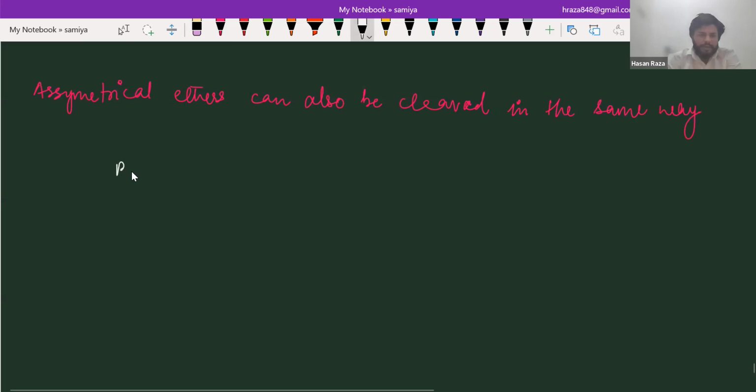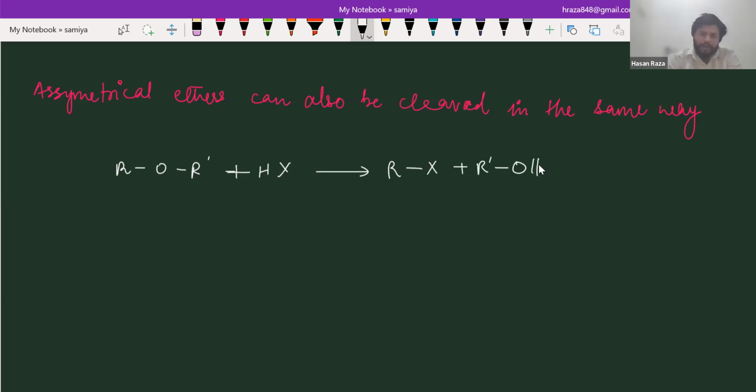See, if you have ROR' reacting with hydrogen halide, it's very simple. You will get RX, and you will basically get a total of four products. I'm going to write 2 RX and 2 R'X.